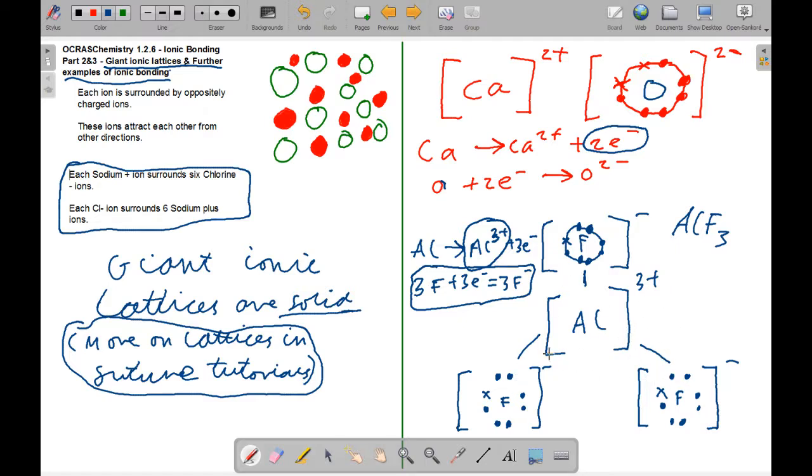The attraction between these two oppositely charged ions is what keeps the compound together.